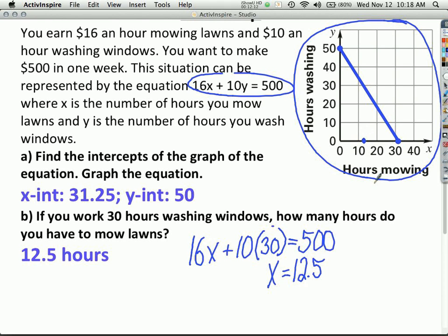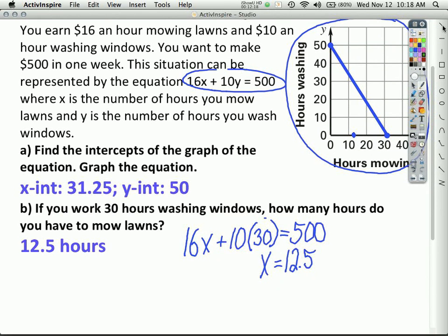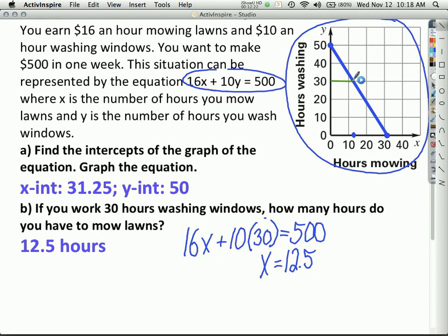Right there. That's the connection. That's the whole point of the graph. If you go from here to there, you can find the different values based on one decision.